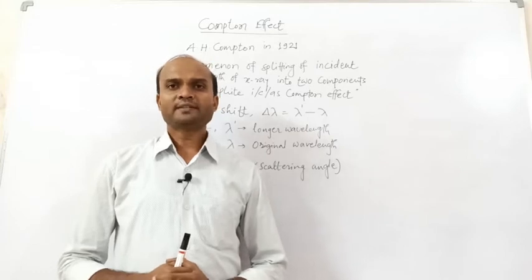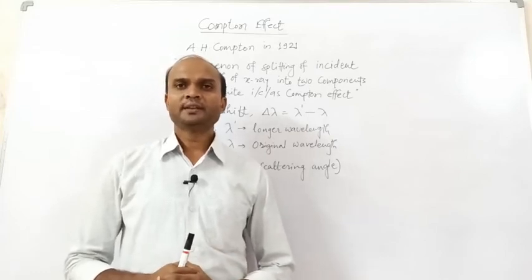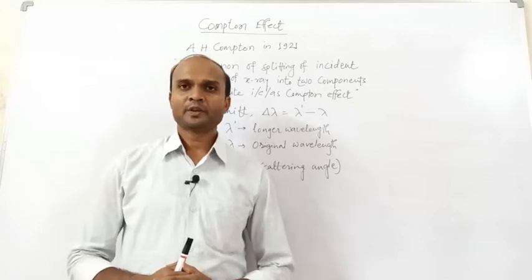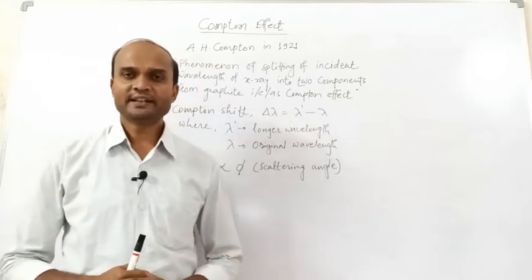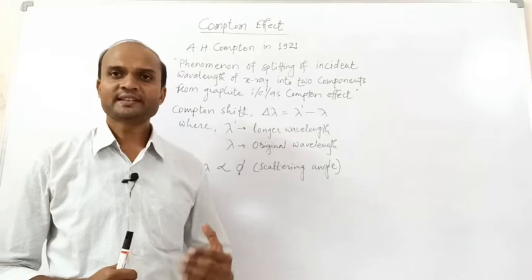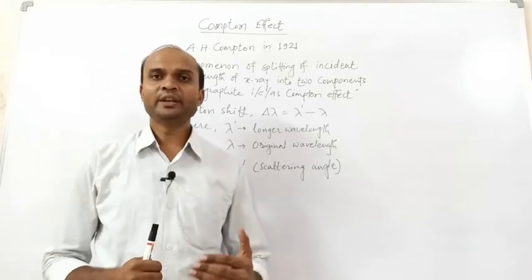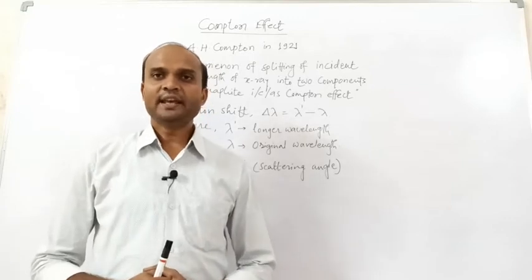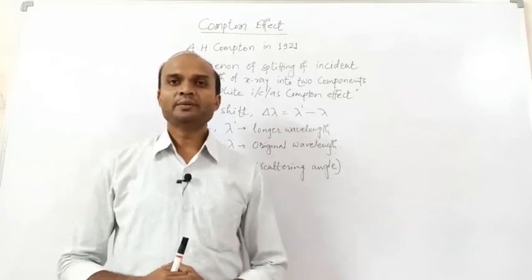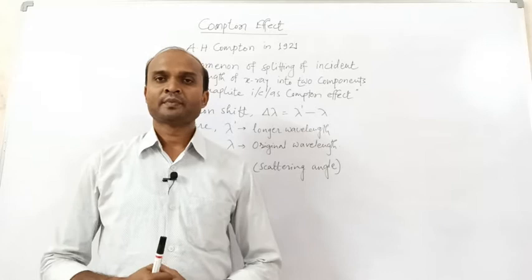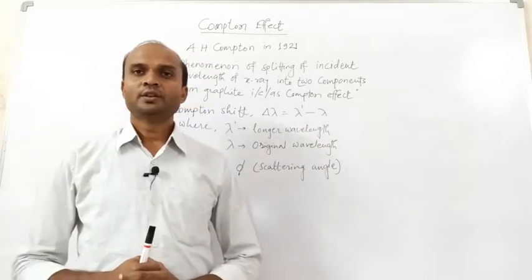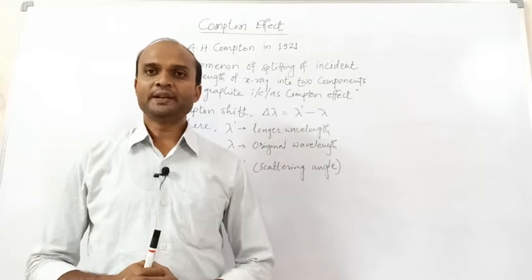And what Compton observed: he used X-rays, so high frequency light. When X-rays interact with a light element like graphite, these X-rays get scattered, and the scattered X-rays show two intensity peaks.